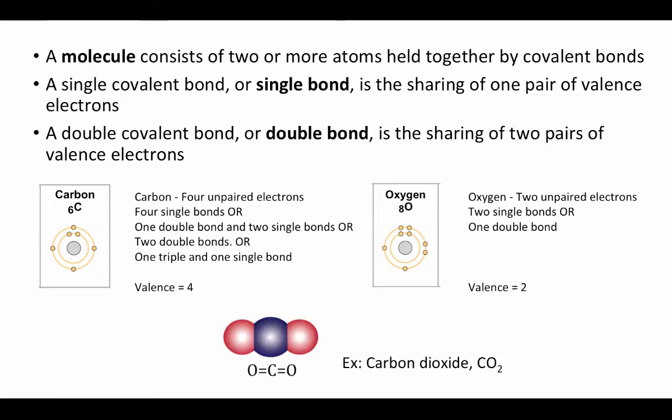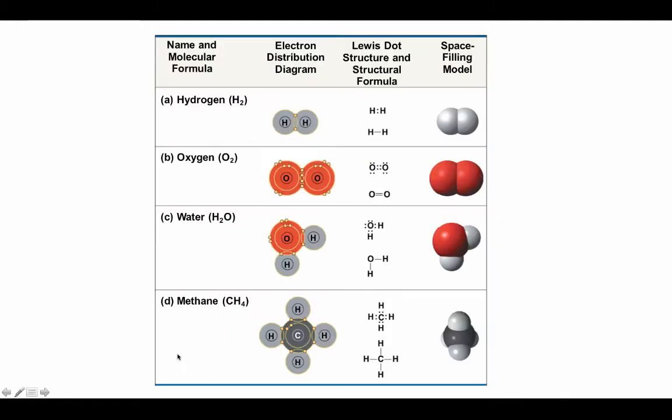As an example, we can see carbon bonded to 2 atoms of oxygen to make carbon dioxide, and we see that carbon has its 4 bonds, a double bond with one oxygen, a double bond with the other oxygen. Each of the 2 oxygens has a double bond with carbon for its valence of 2. Here are some other examples of molecules that form where you can see the valence of the different atoms.